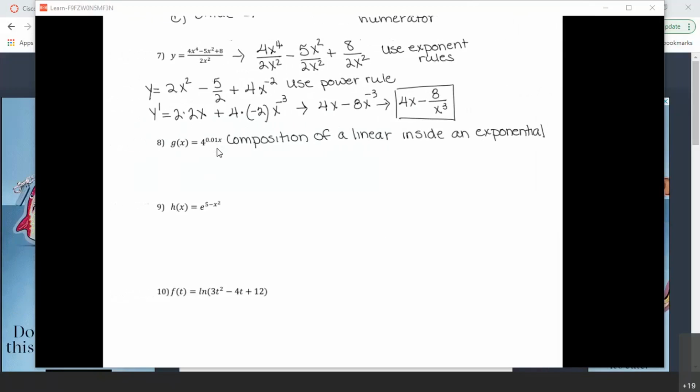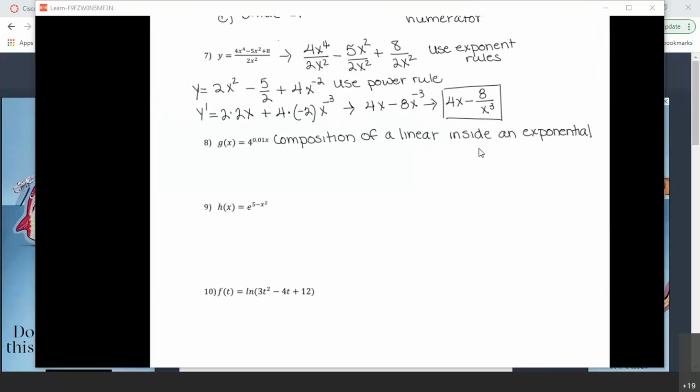The same deal would be if you had an x squared up here in your exponent. Think of it as a function of x, not just x by itself. Because if I take the derivative of x, I get a 1, it doesn't change anything. If I take the derivative of this, I'm not just going to get a 1, I'm going to get that 0.01. So it's important to realize that this is a little bit more complicated.